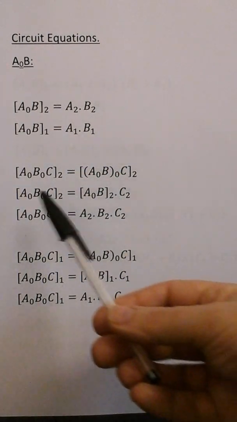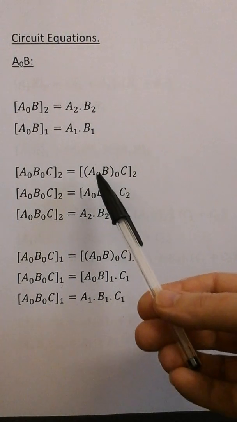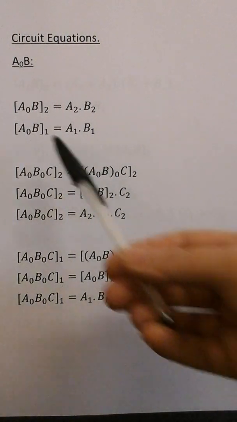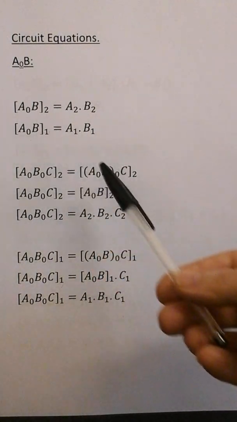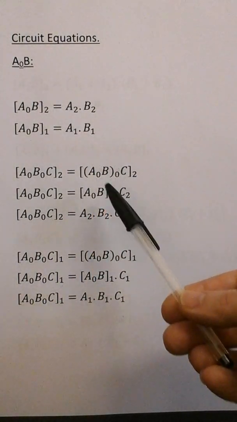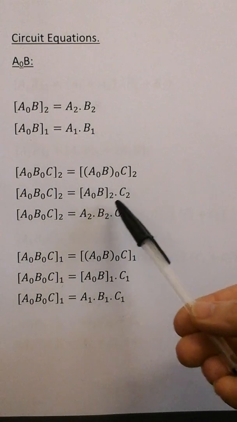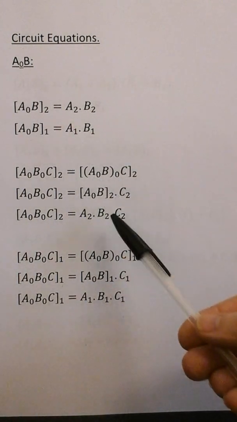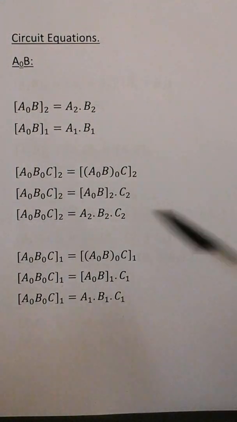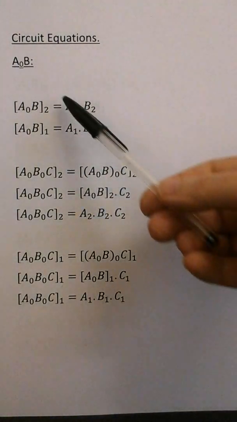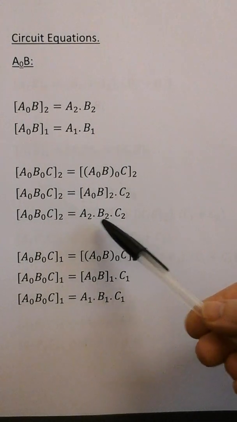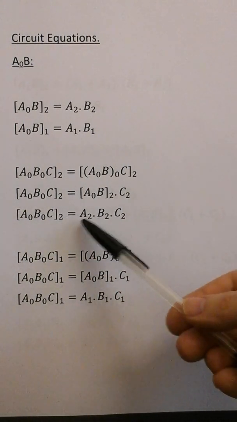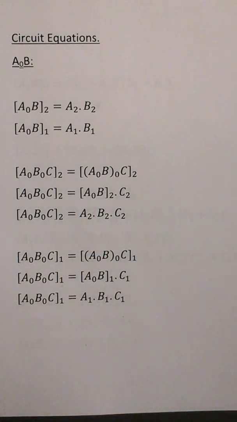So you're replacing A0B with A and C with B for the 2 functions. So that's A0B2 here and C2. A0B2 equals A2 and B2, so that A0B0C2 equals A2 and B2 and C2.